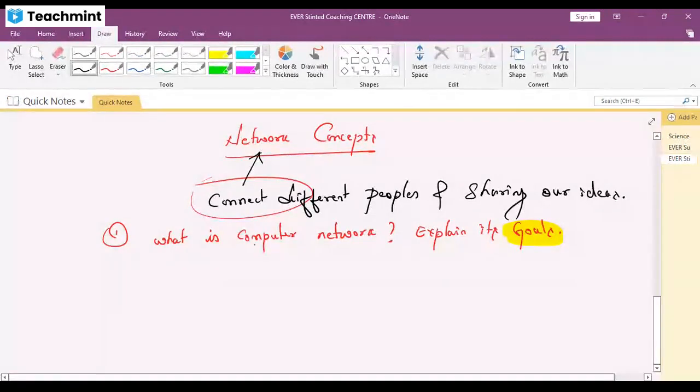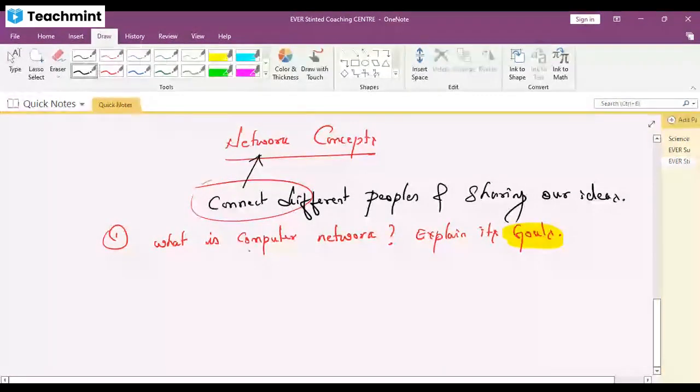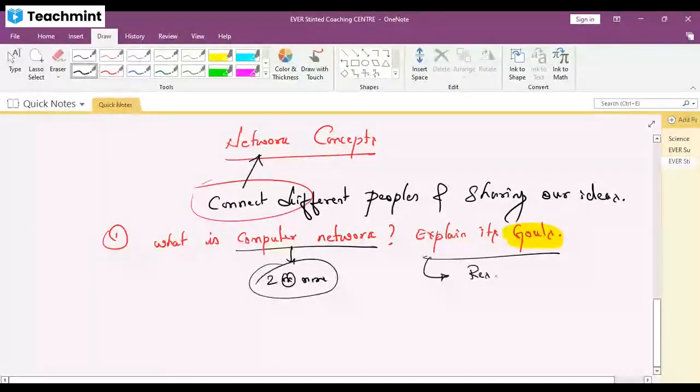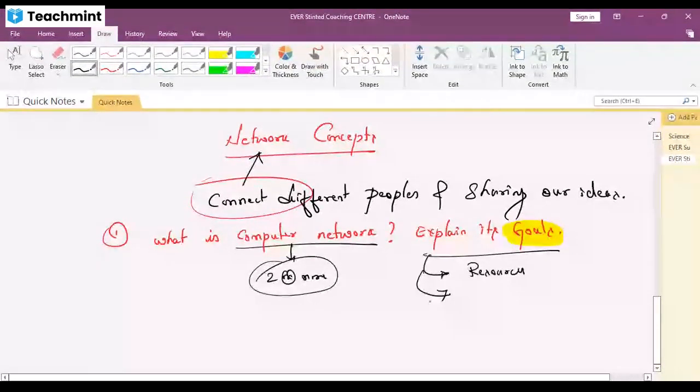Okay, so computer network is nothing but the interconnection of two or more computers for sharing the resources. That is called a computer network. And the goal, understood why we are creating a network? First, we want to share the resources.